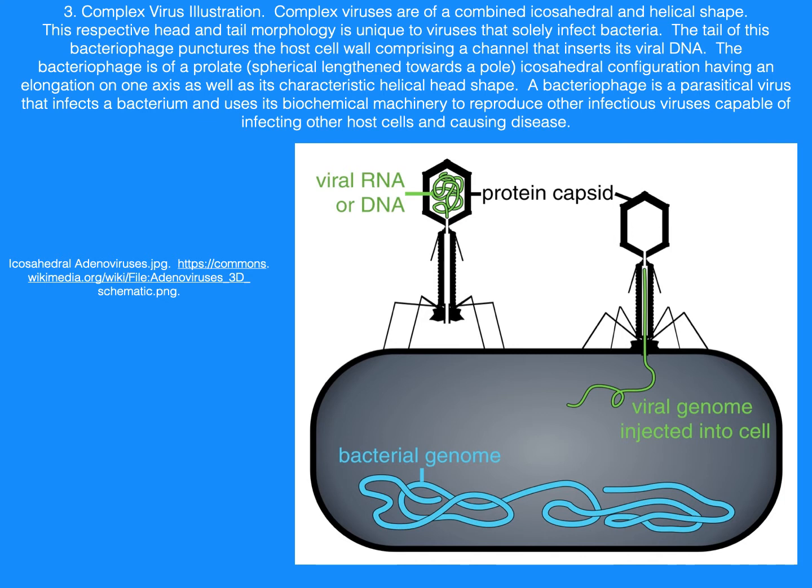The bacteriophage is of a prolate icosahedral configuration, having an elongation on one axis, as well as its characteristic helical head shape. A bacteriophage is a parasitical virus that infects a bacterium and uses its biochemical machinery to reproduce other infectious viruses capable of infecting other host cells and causing disease.